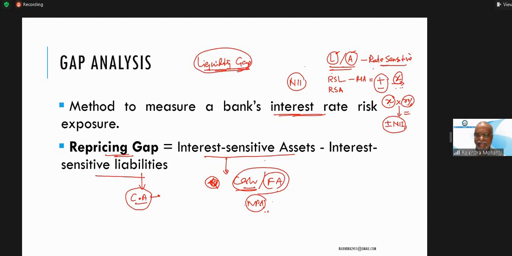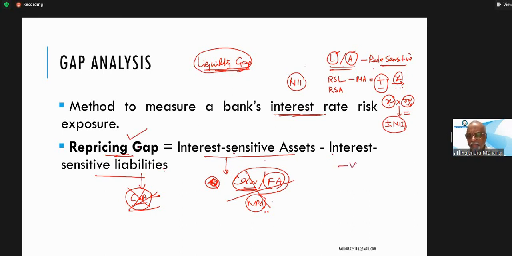So we will exclude all these things. If these figures are there, we have to exclude all of them. Only the interest sensitive assets and interest sensitive liabilities are to be taken, and we find the difference between them. That is called the repricing gap. This repricing gap can be positive or negative, whatever it may be.